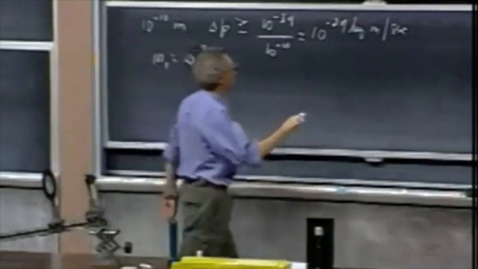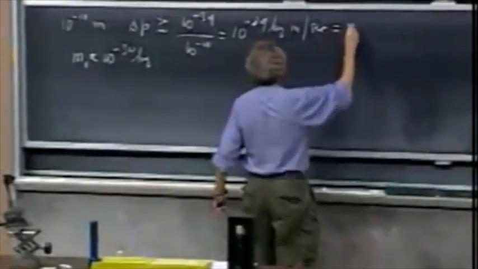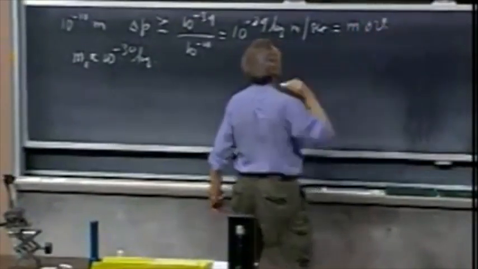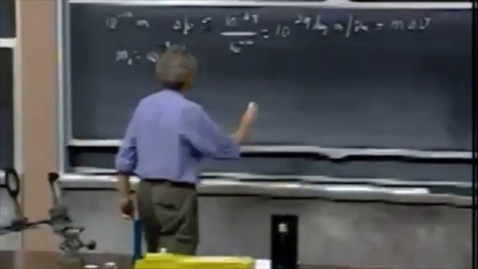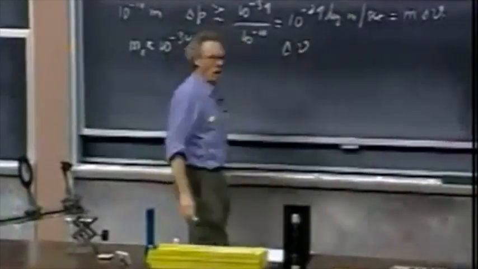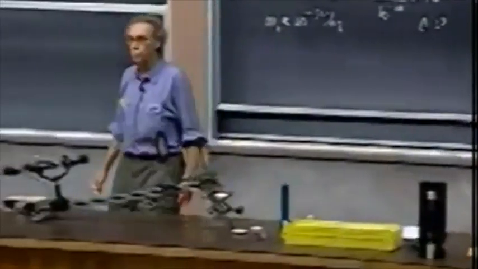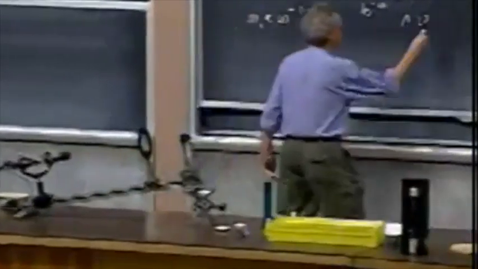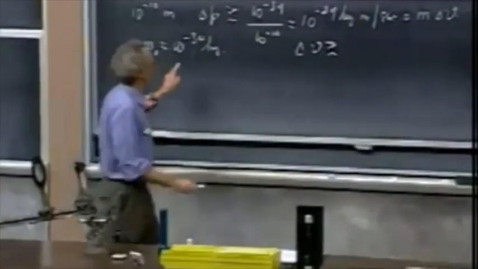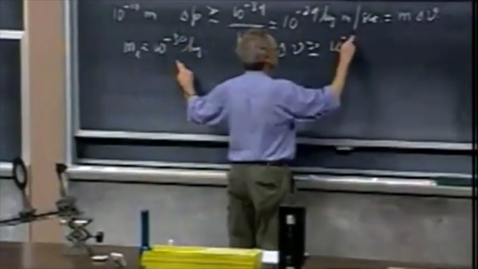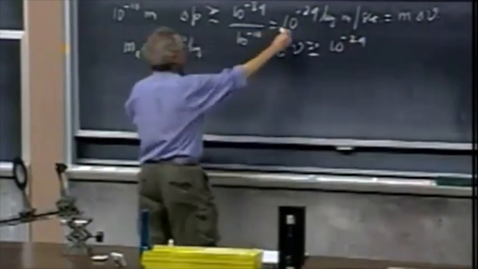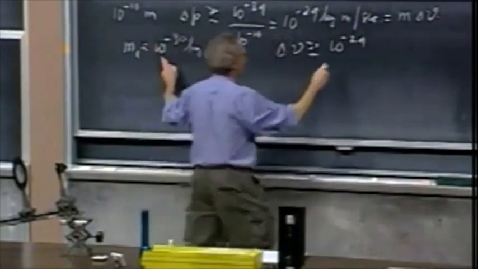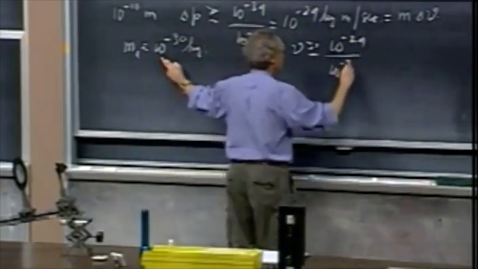So this, delta P, is also m delta V. So it means that delta V, the velocity of the electron, is undetermined, according to Heisenberg's principle, by an amount which is at least 10 to the minus 24, which is this delta P, divided by the mass of the electron, which is 10 to the minus 30.